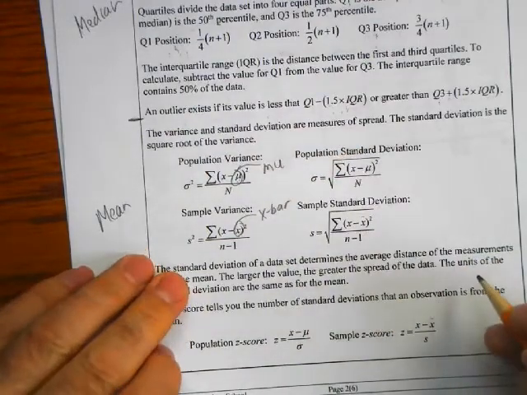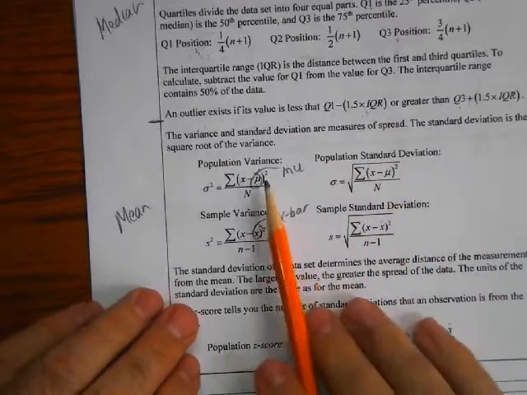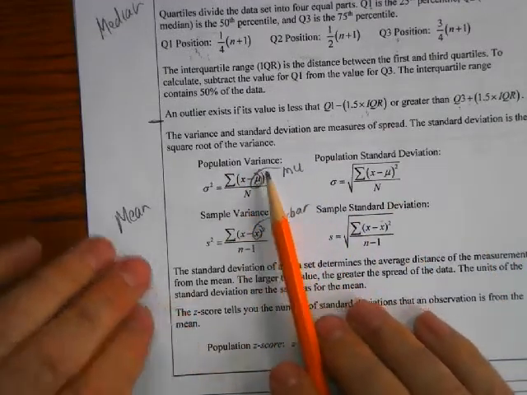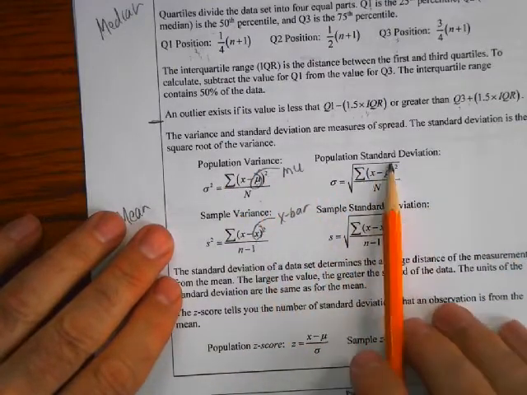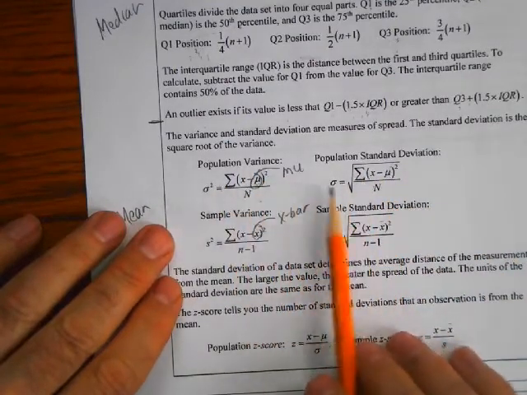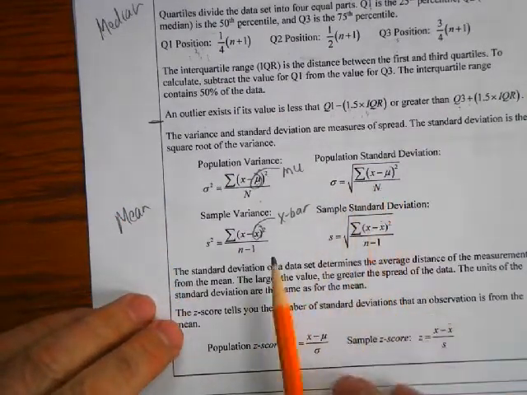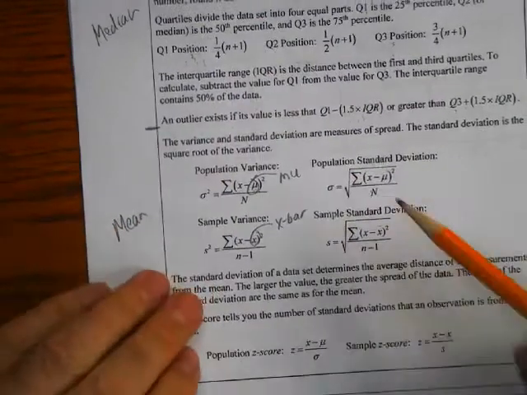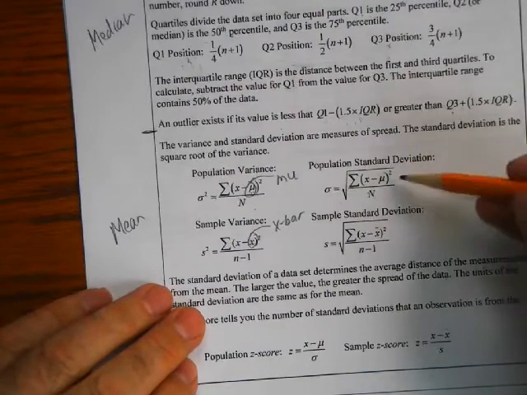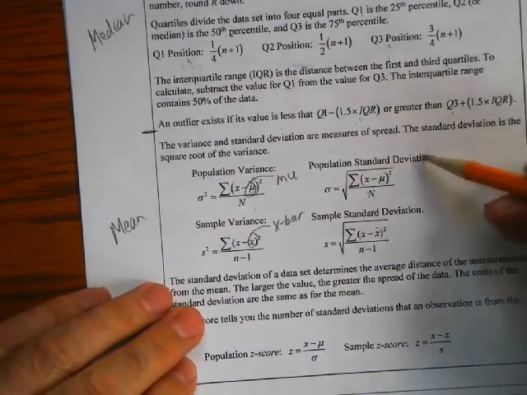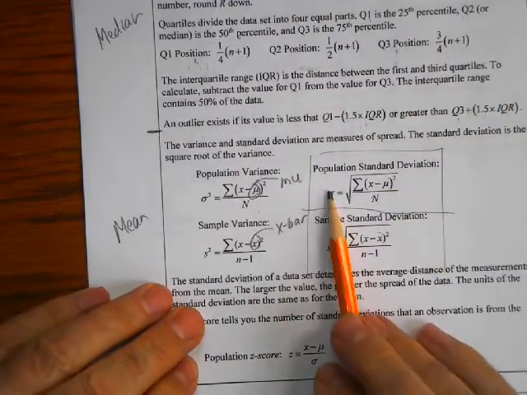Okay, and we're going to see this as standard deviation. Let's look at that formula right now. So we've got our formulas, and you can see the variance here compared to the standard deviation. This is exactly the same, except I'm taking the square root. The big difference in the formulas is that I've got different letters here.